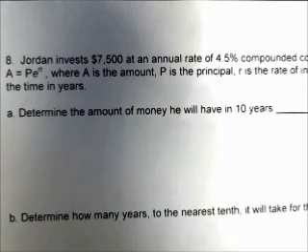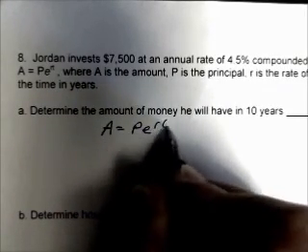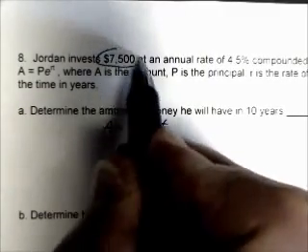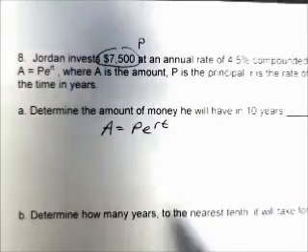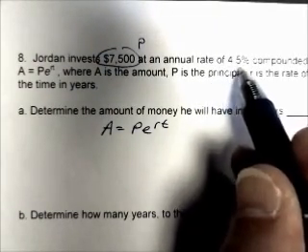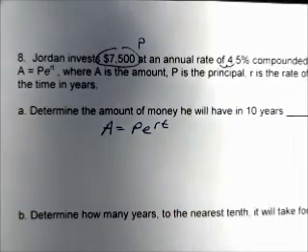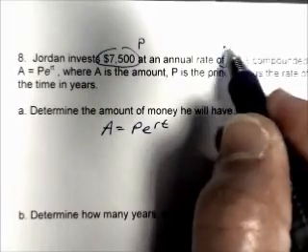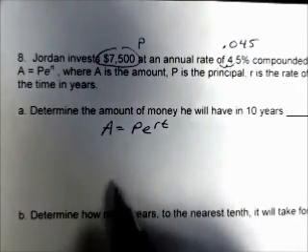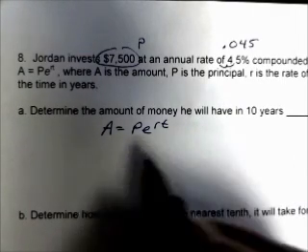So in other words, we're taking our formula, A equals Pe to the rt, making the substitutions. 7,500 is the investment, that's P. The rate is 4.5% as a decimal. Remember, take the decimal point, move it 2 places to the left. 0.045, and our time is 10 years.